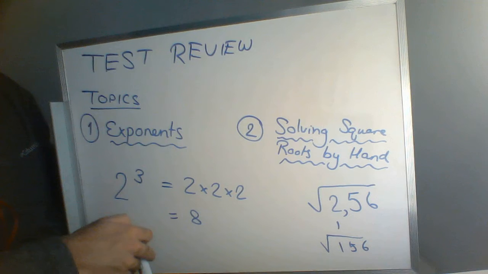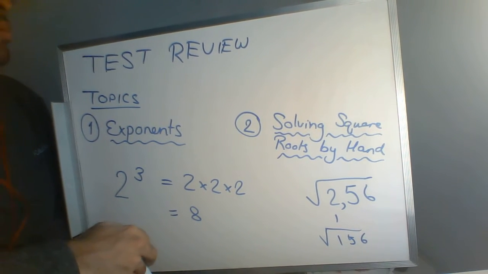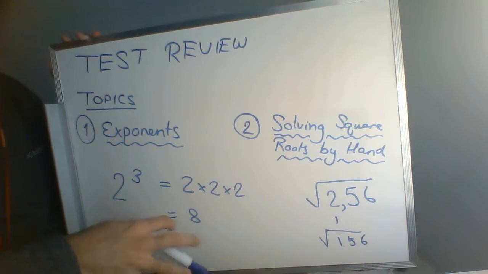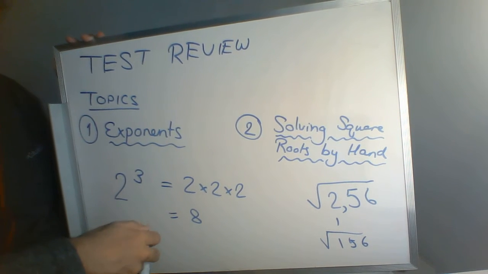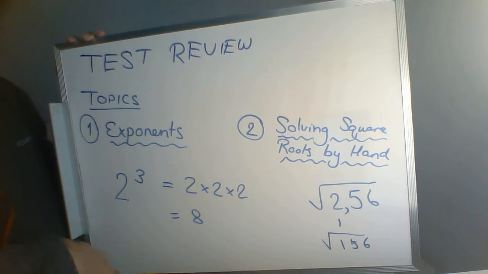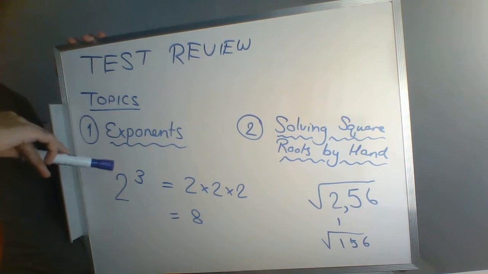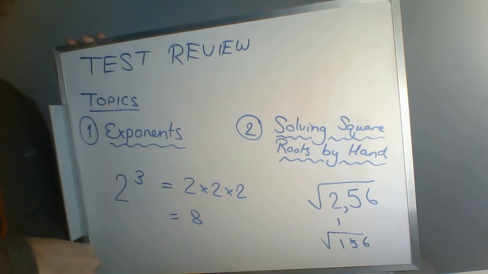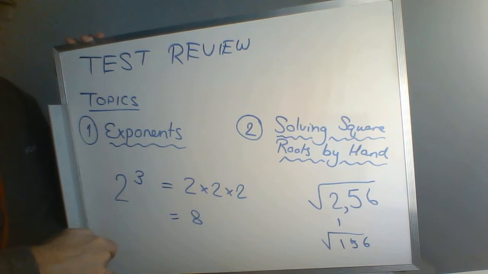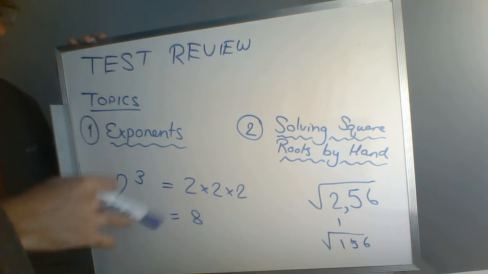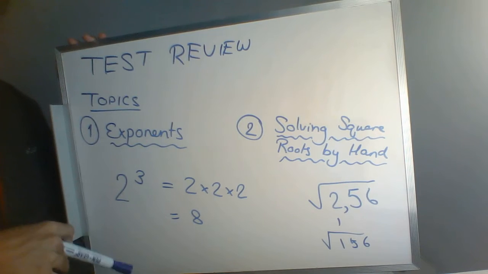So just being able to solve the square root probably of a 3-digit number, maybe 2 such questions, solving 2 square roots by hand. More focus on the exponent stuff in the first part of the test, so there'll be a variety of such questions on just going through the process of exponentiation.